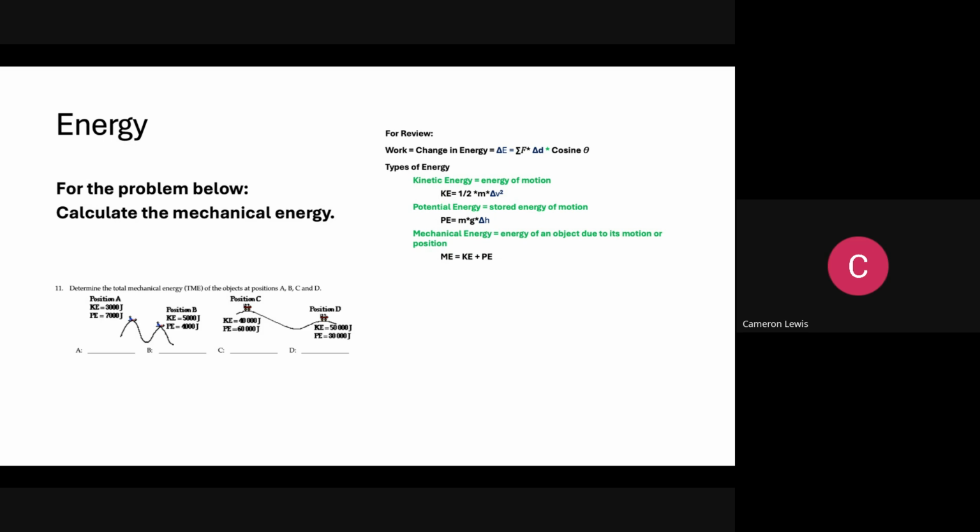If we want to find the mechanical energy at position A, how can we find that? Add them up. So then we just add what? 3,000 plus 7,000, which is 10,000. ME is 10,000 joules. All right, so we got 10,000 joules for the first one. Do the second one real quick. It's 9,000 newtons.